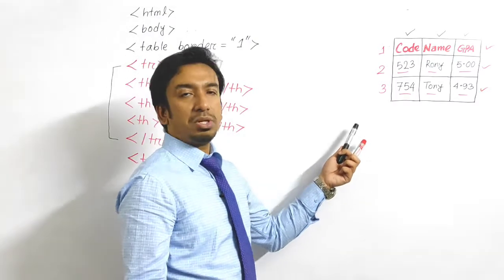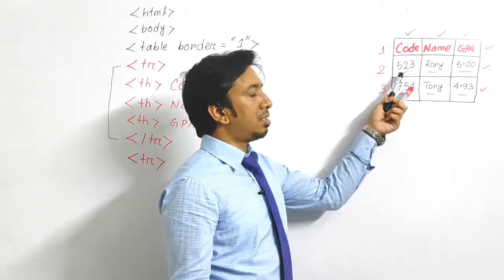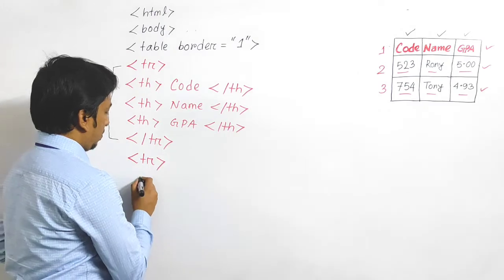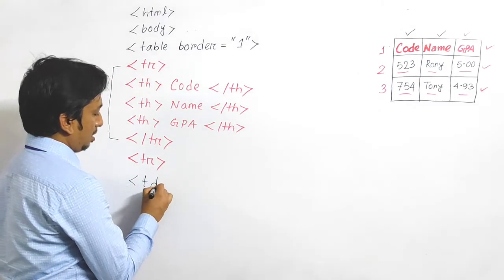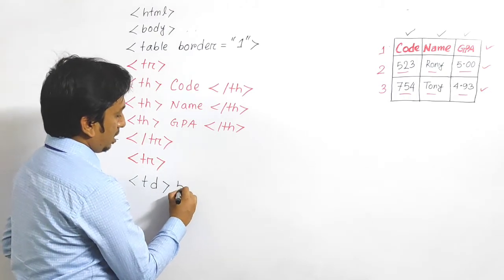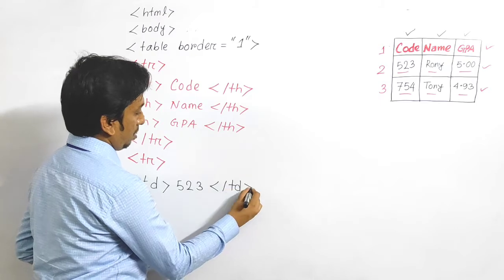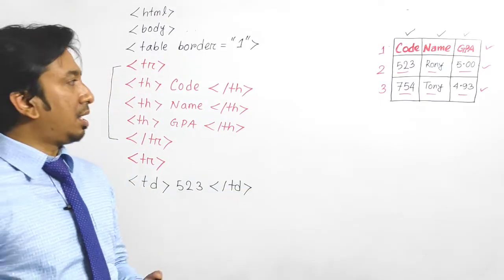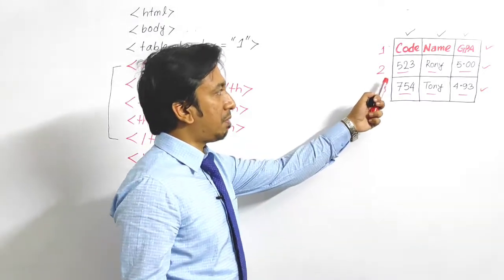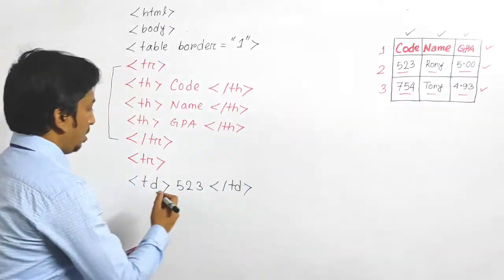then what you have to use, you have to use TD. Why TD? Because here 523 is table data, not table heading. Okay, so right here TD, then what is our data? Our data is 523, then TD close. Then again you can see second one is Ronnie, after 523 we can see Ronnie, then GPA 5.00.